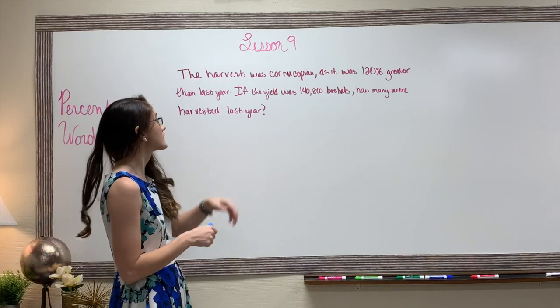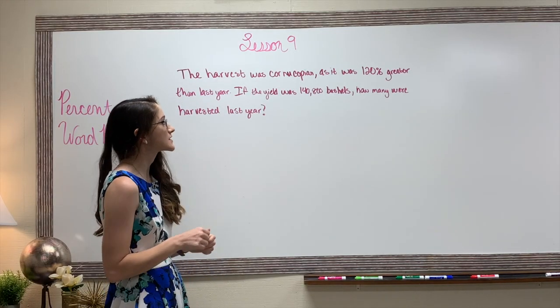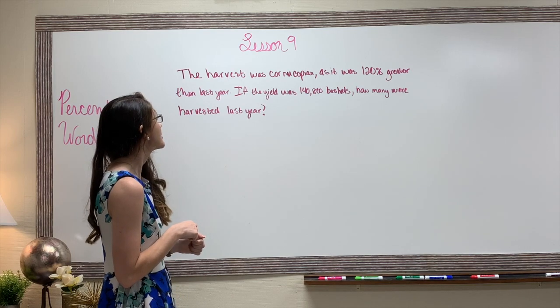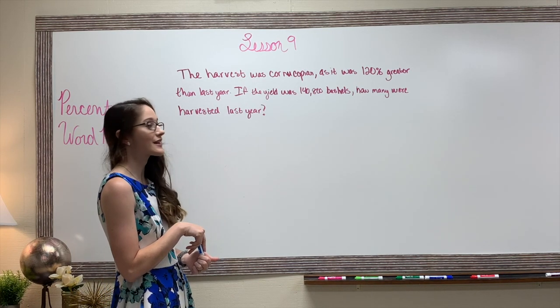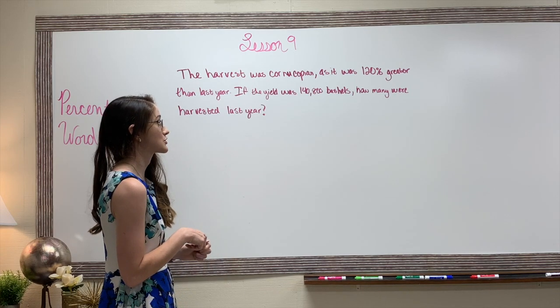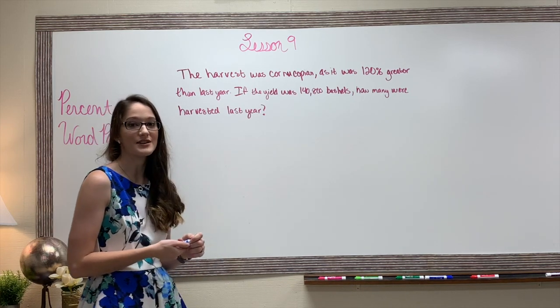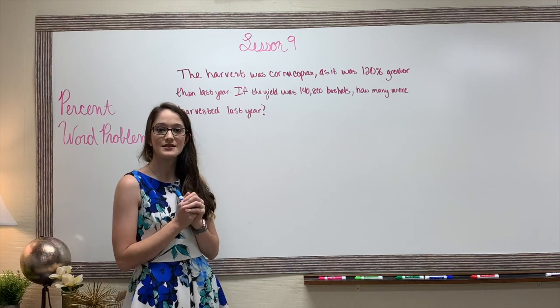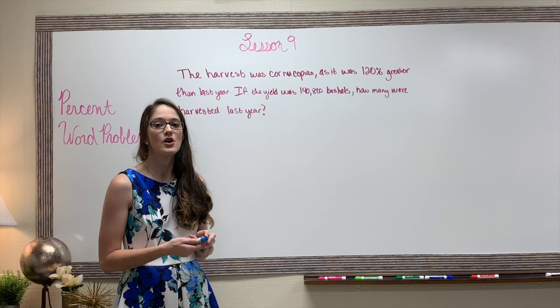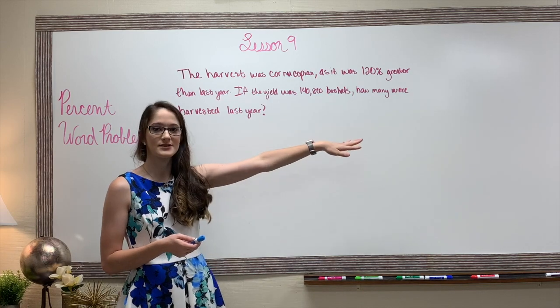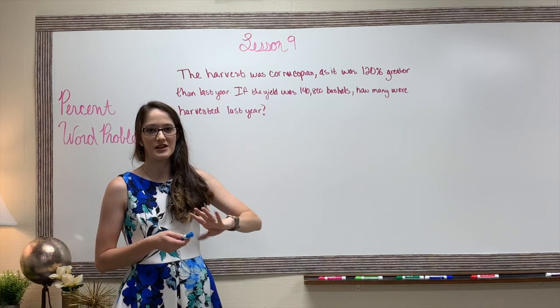And we're done. Our second example is the harvest was cornucopian as it was 120% greater from the last year. If the yield was 140,800 bushels, how many were harvested last year? So again, there's two ways we can set this up. We can do a ratio box and solve it as a proportion, or we can just do our one statement, what percent of blank is blank.